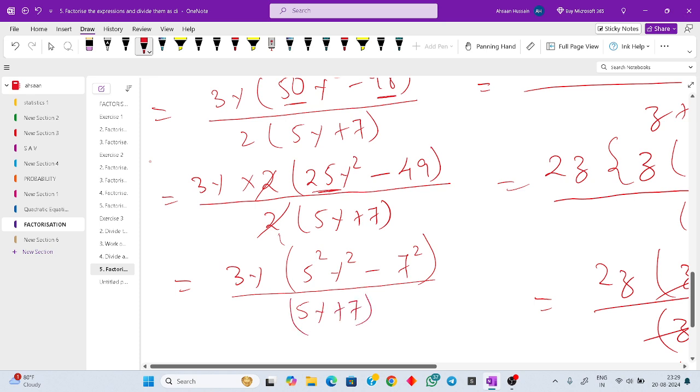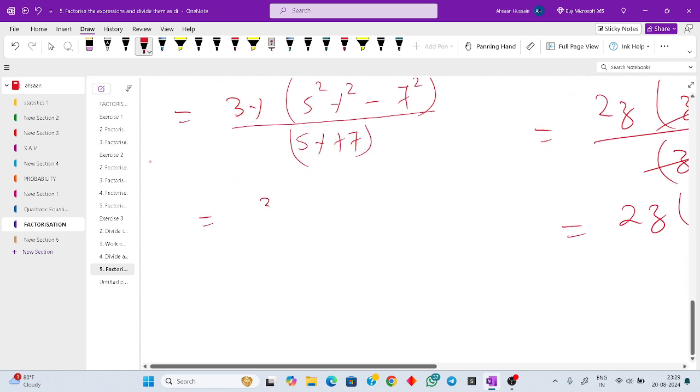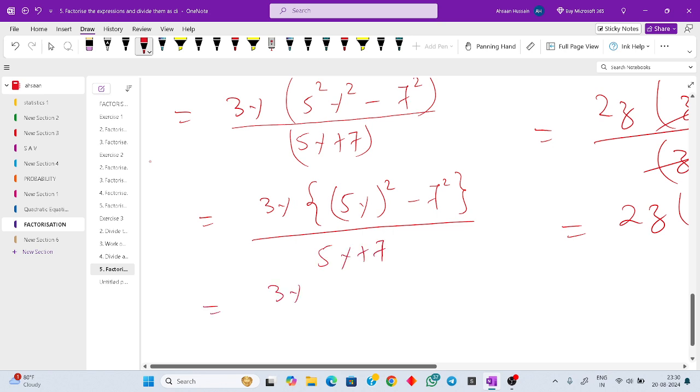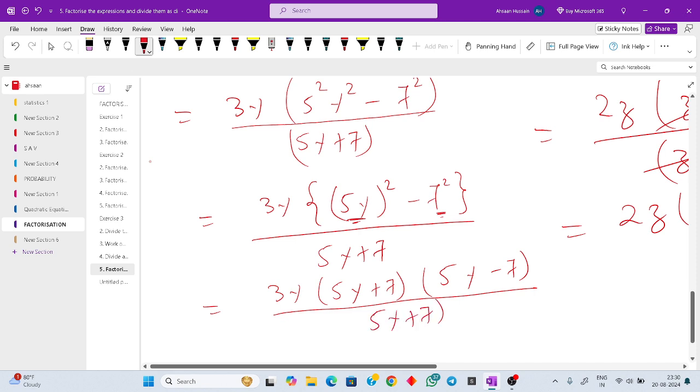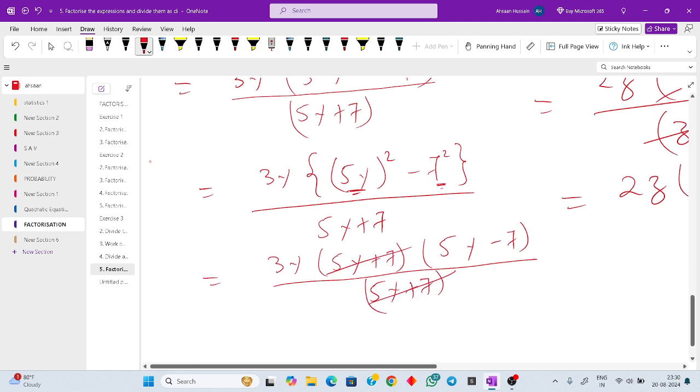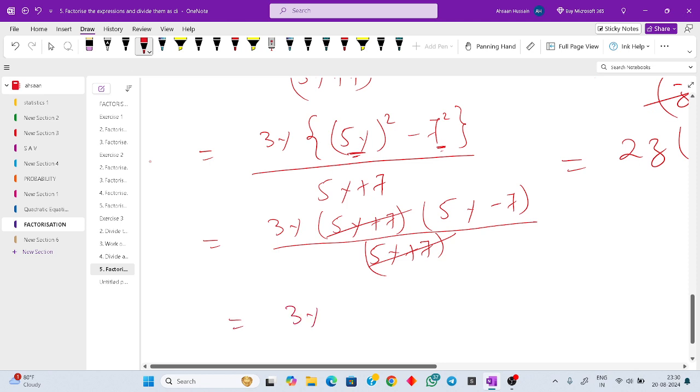Now this is 5y whole square minus 7 square divided by 5y plus 7. So this is our a and this is our b. So a square minus b square is a plus b multiplied by a minus b. So we can cancel these two. Now the answer would be 3y(5y minus 7).